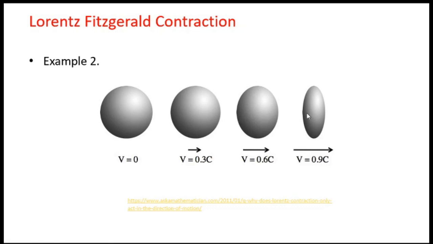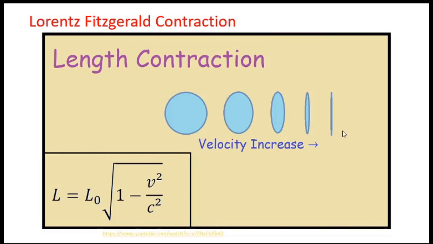Now observe this figure more carefully. Along the x-axis, the length of this object has decreased, but in the vertical perpendicular direction, the dimensions have remained the same. So this is also seen from this particular figure. As the velocity increases, the dimension of the object along the direction of motion, in this case the x-axis, parallel to the direction of motion, has decreased.